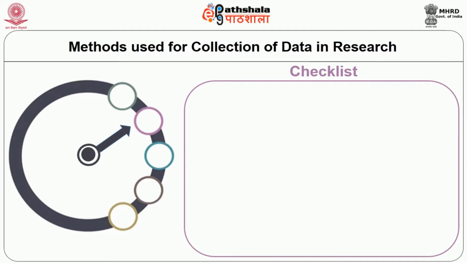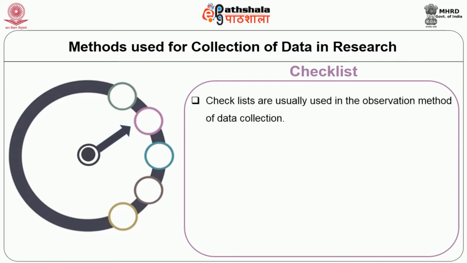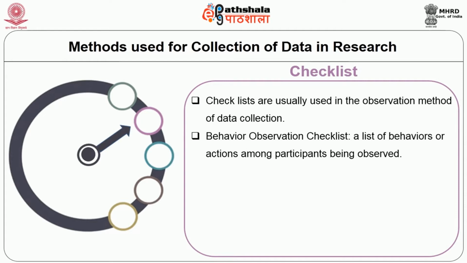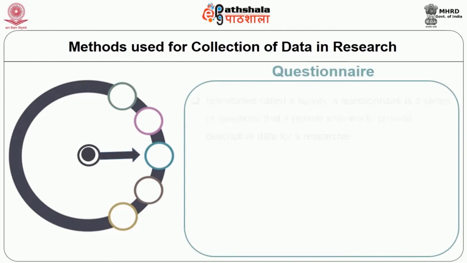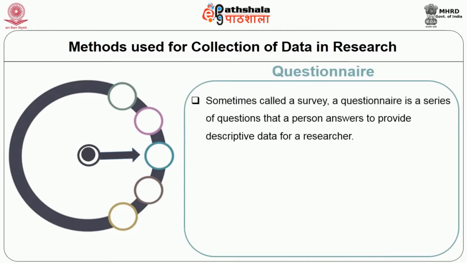Checklist. Checklist is another method of collecting data. Checklists are usually used in the observation method of data collection. A behavior observation checklist is a list of behaviors or actions among participants being observed. A tally is kept for each behavior or action observed. A questionnaire.